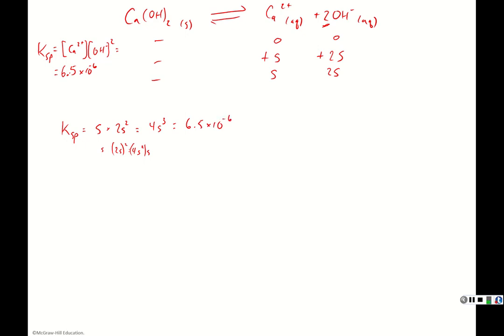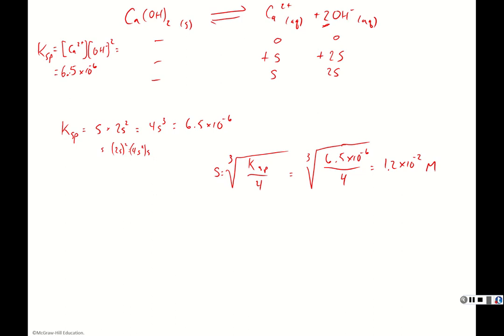Right, so now we can solve for S. So S is going to be equal to the cubed root of KSP over 4, which would be the cubed root of 6.5 times 10 to the minus 6 divided by 4, which would be 1.2 times 10 to the minus 2 molar.